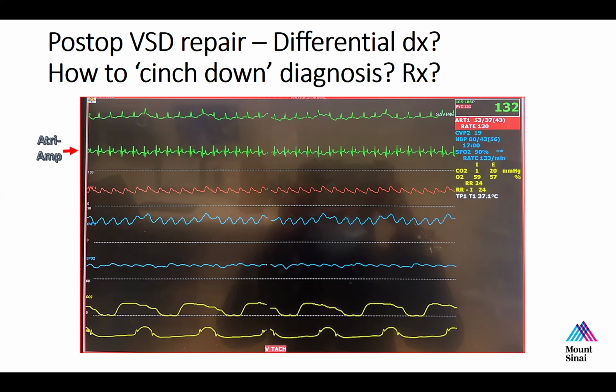In other words, VT at 132 might be hemodynamically superior to atrial pacing at 145. Probably atrial pacing at 145 will be better, but we don't really know that. So you would definitely want to try it and sit at the bedside for a while and see how it looks.